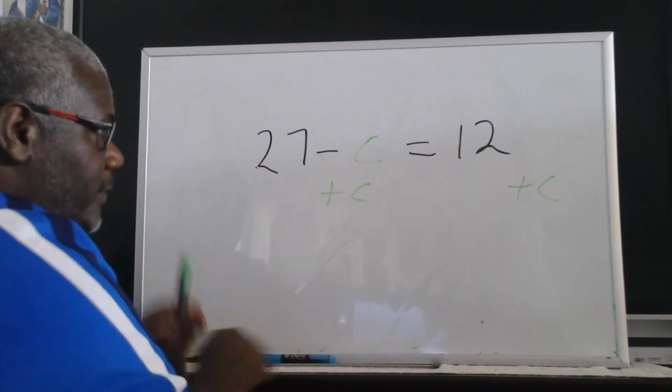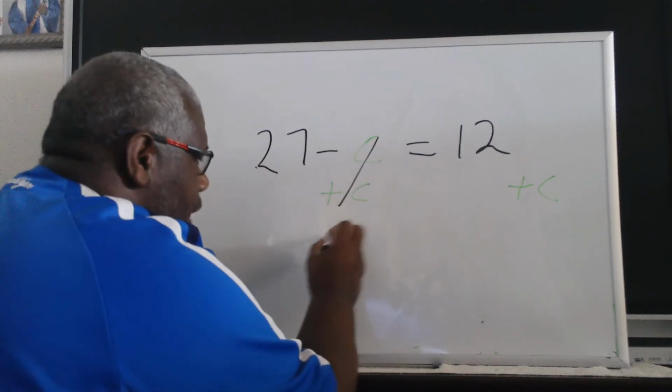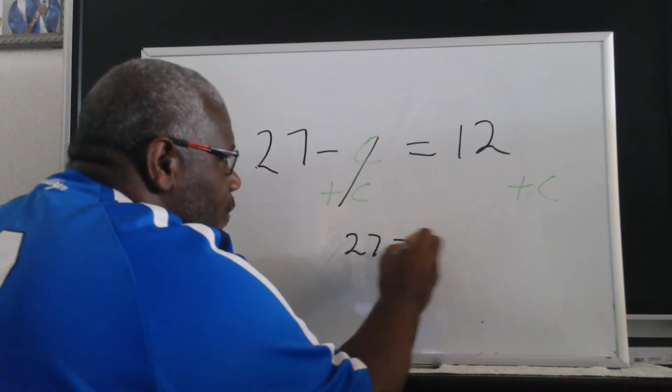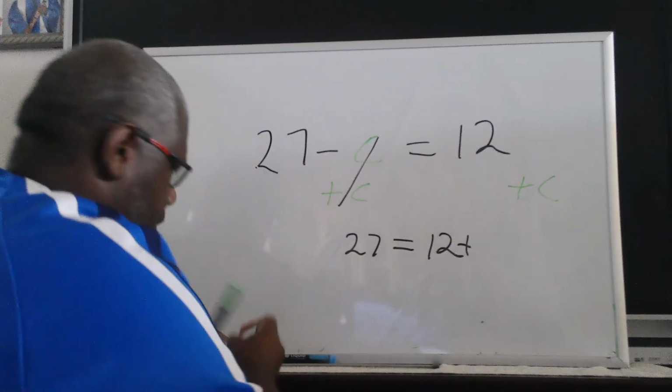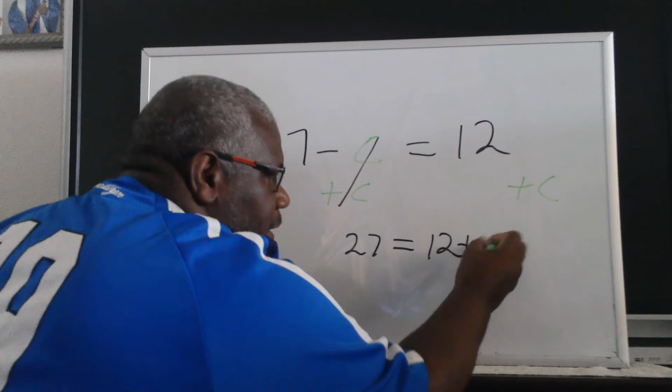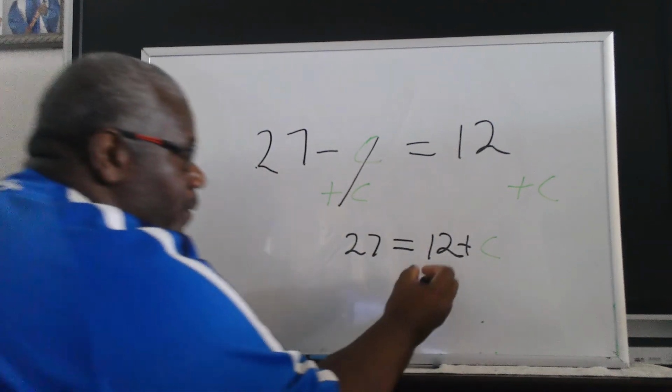You got rid of this here. So now, see you later, alligator, right? 27 equals 12 plus C, right? Now we can do what we know to do.